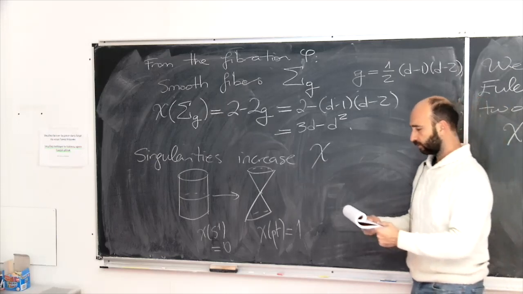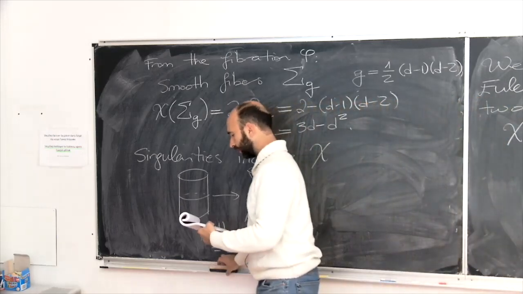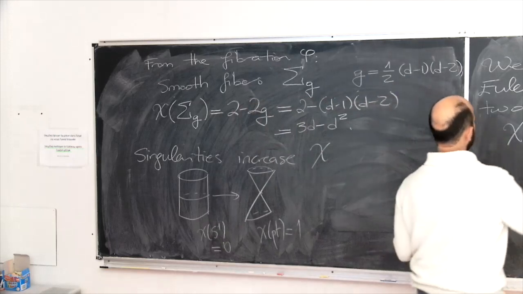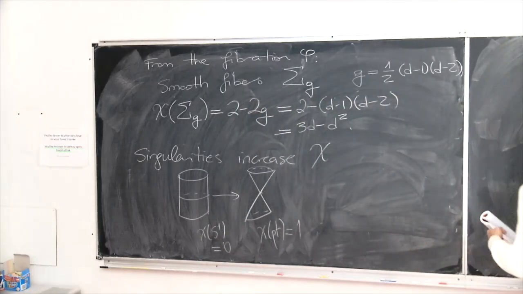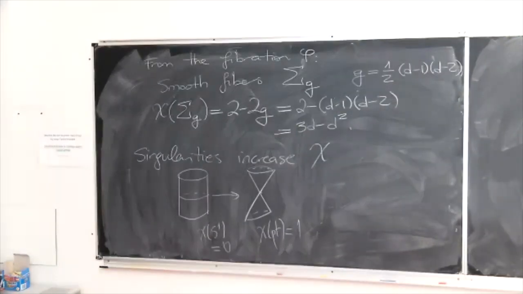For the completely reducible fibers, that means a lot of singularities at the same time. So you would expect the Euler characteristic to increase quite a bit. Let's try to compute.